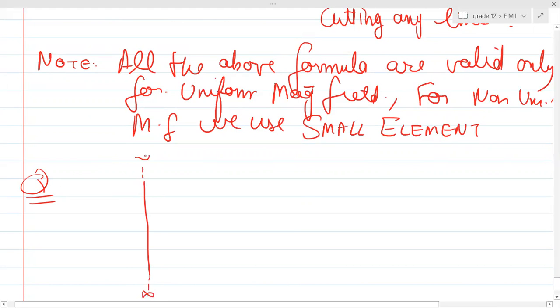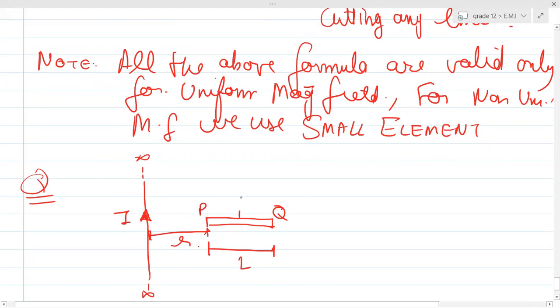Everyone is able to see an infinitely long wire, right, carrying a current I. From this wire at a distance R, there is a rod PQ of length L and negligible thickness.